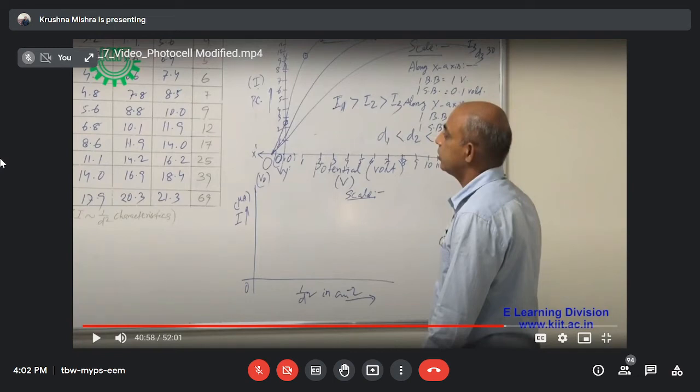Could you finish the first graph or not? Yes, sir, doing that. All of you completed the first graph? No, sir. Then finish the second table. Regarding the second table, what is your query? No query, sir. We have to take just 1 by d square. So calculate 1 by d square and keep it in 10 to the power minus 3 or 10 to the power minus 4. Okay, sir.